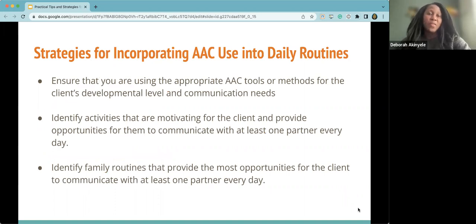So the very first thing to do is to really ensure that the AAC tool or method is appropriate for the client's developmental level and communication needs. And so this is really where the AAC assessment comes into play, where it's understanding, does this client have the motor skills? Does this client have the cognitive skills? Does this client have an understanding of cause and effect to the point where they can use this type of device?